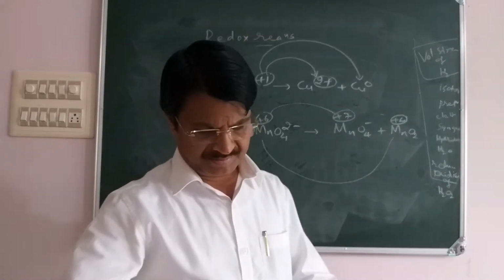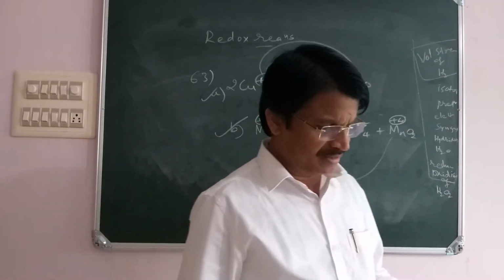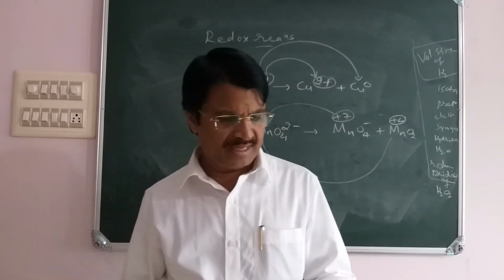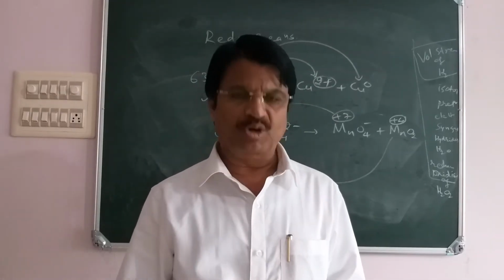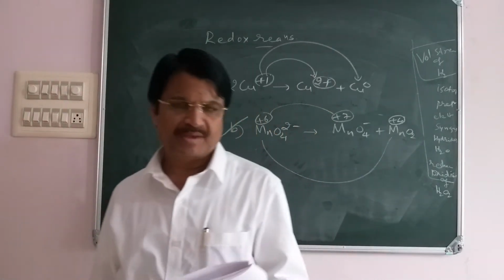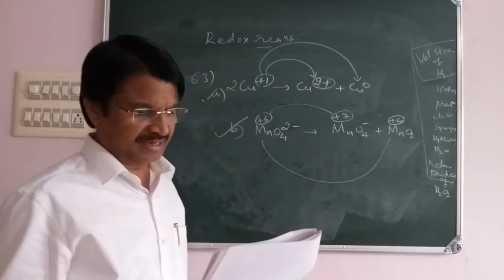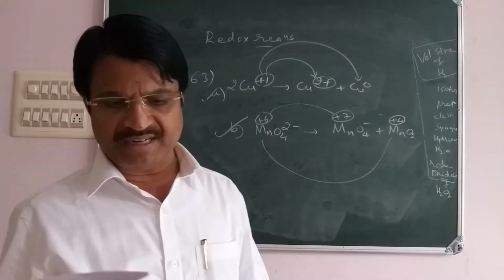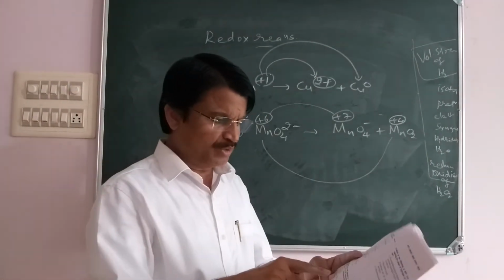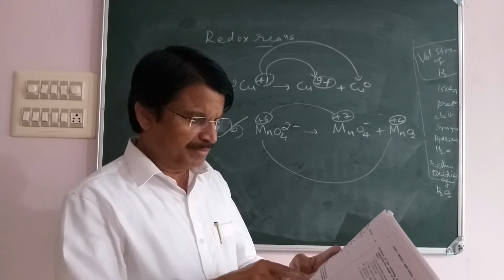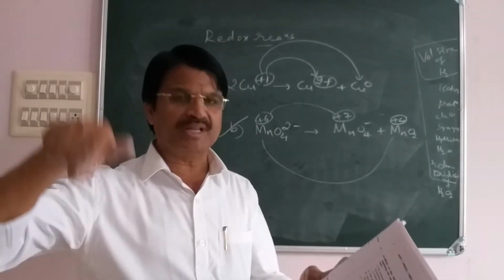Therefore, they give options A, C, D; A and D; A and B; A, B, C. Means in all the reactions you have to compare, it matches only with A and B, not with C and D. You can take C and D as homework. Because in C and D, what happened? Mn to Mn only. Left side 2 Mn, right side 1 Mn.